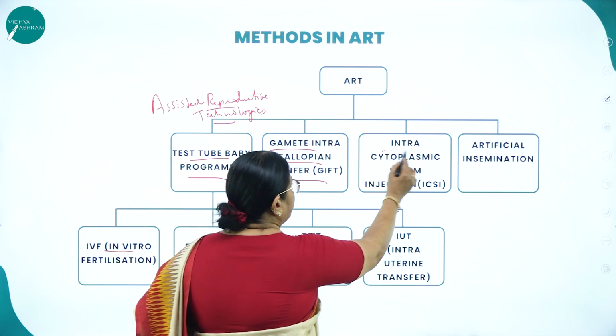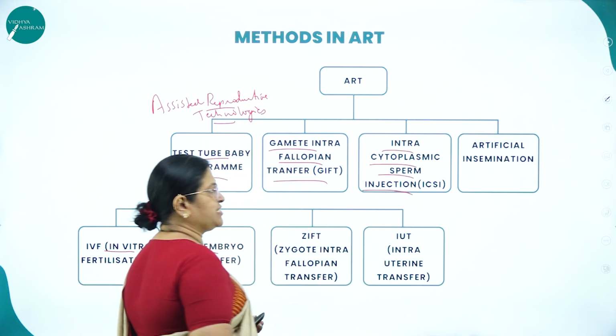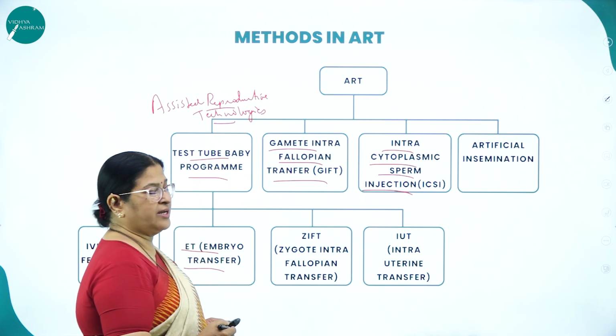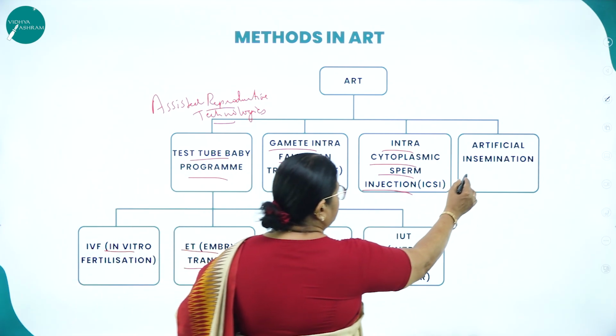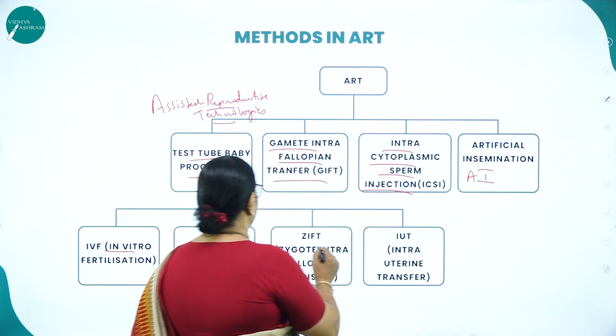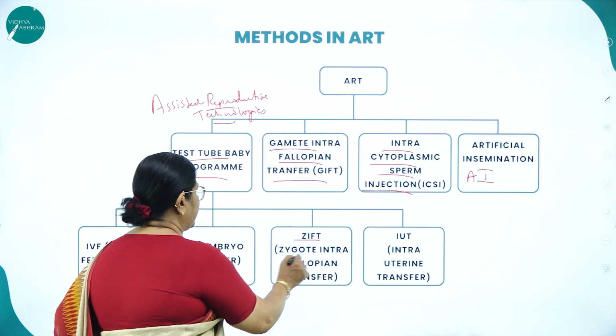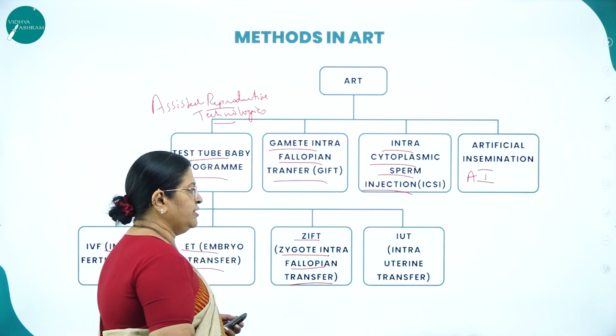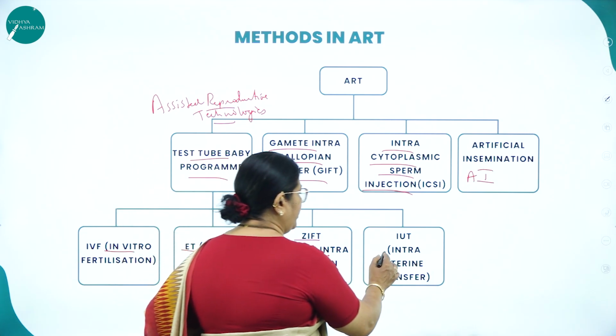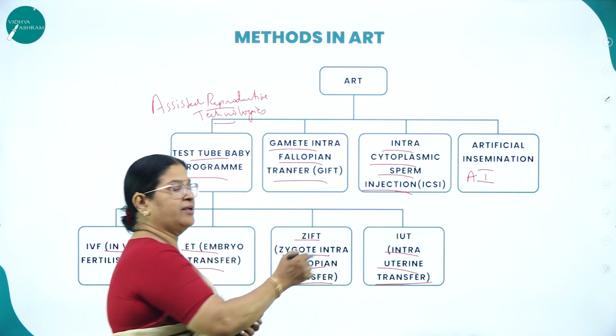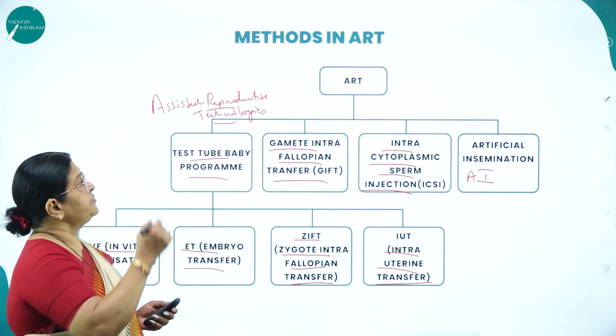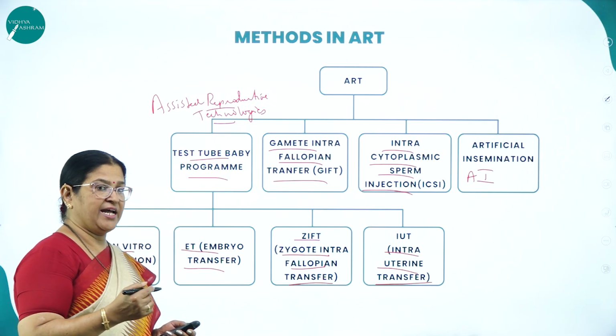Then we have intracytoplasmic sperm injection, that is ICSI. Then artificial insemination, whose short form is AI. Then we have ZIFT, that is zygote intrafallopian transfer. Then IUT, that is intrauterine transfer. So all these are the methods which are implemented in ARTs.